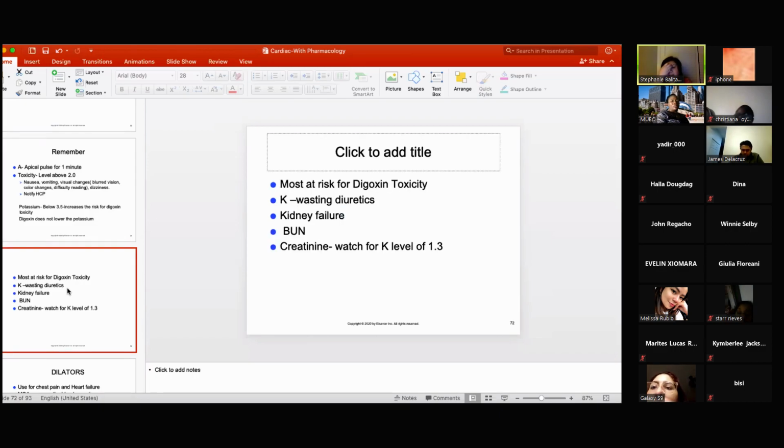Who is more at risk for digoxin toxicity? Those on potassium wasting diuretics, and those that have kidney failure.